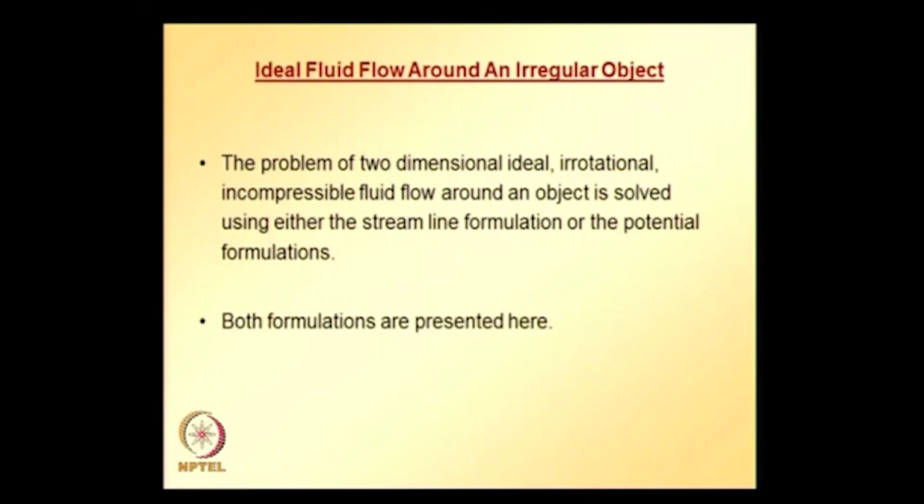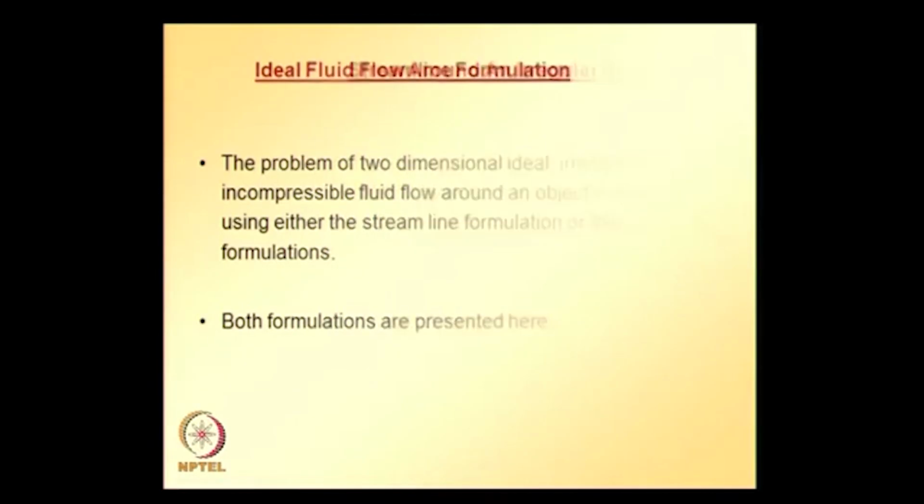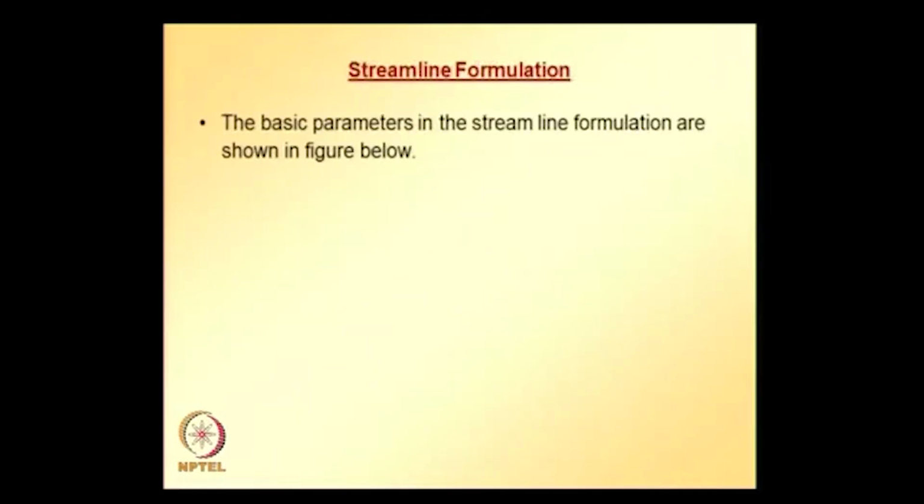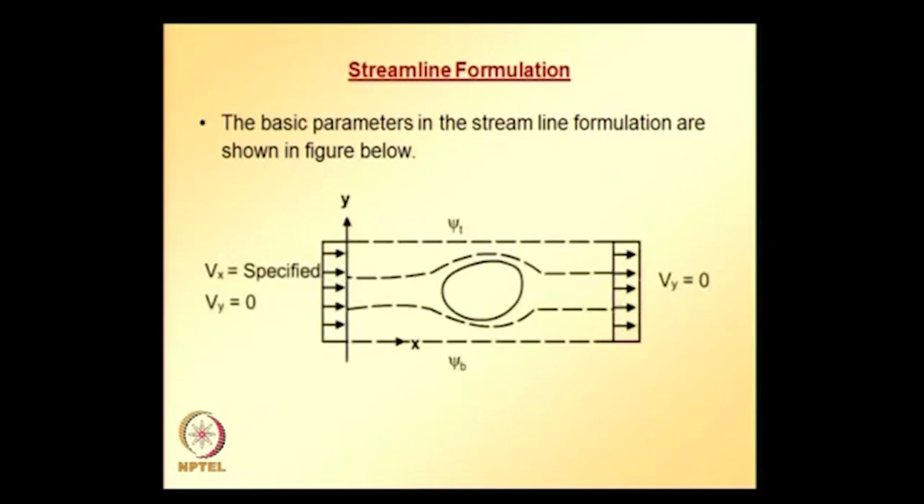And both formulations are presented here, that means we are going to look at both the formulations. So, first let us start with streamline formulation. The basic parameters in the streamline formulations are shown in figure below.